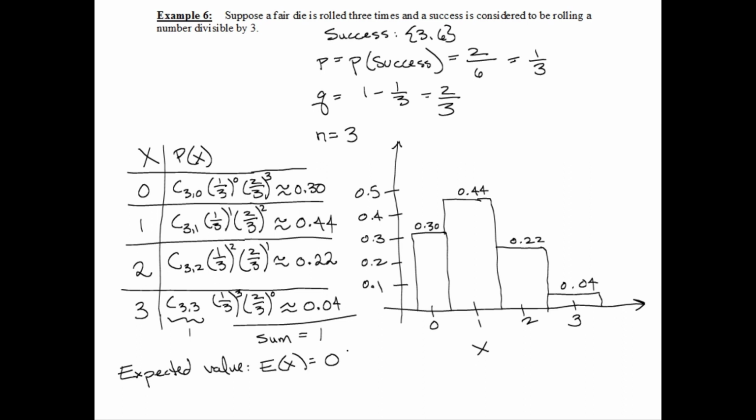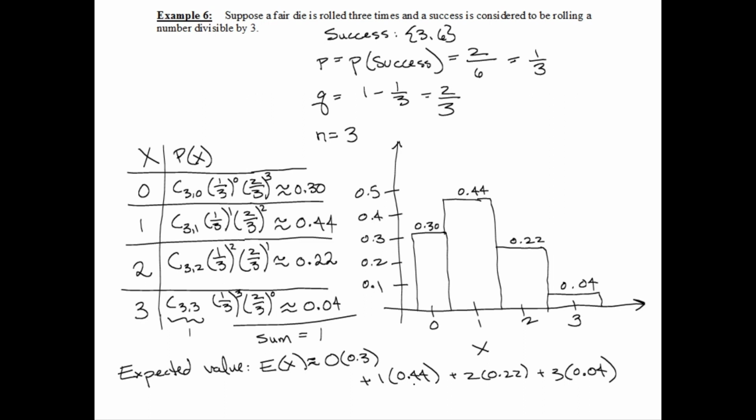Let's go ahead and determine the expected value here. So we would take 0, and this will be an approximation here, times 0.3, and then we'll do 1 times 0.44, and we'll do 2 times 0.22, and then we'll do 3 times 0.04.